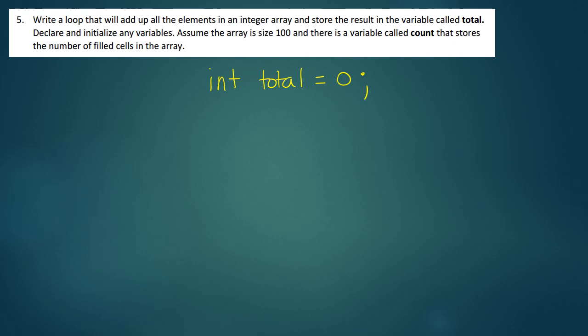And we're going to assume that there are values in the array, and we're going to have a variable called count that has the number of filled cells in the array. So it's the same loop for going through an array. We're just going to go for i equals 0, i less than count, i plus plus.